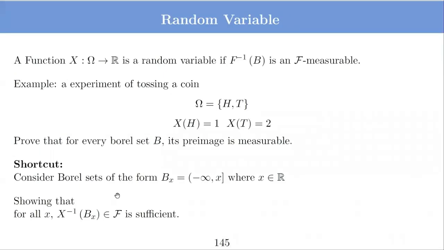So the formal definition would be: a function X from omega to R is a random variable if X inverse B is F measurable. In other words, for every Borel set B, X inverse B should be in the sigma algebra of omega.